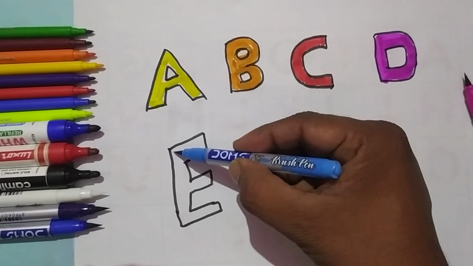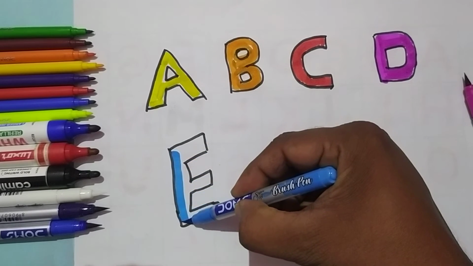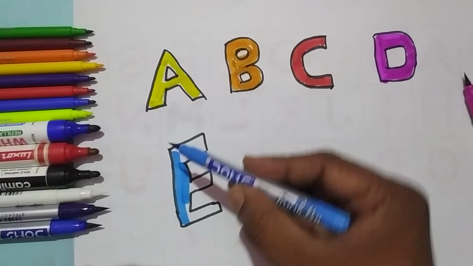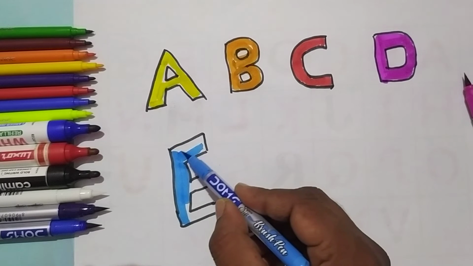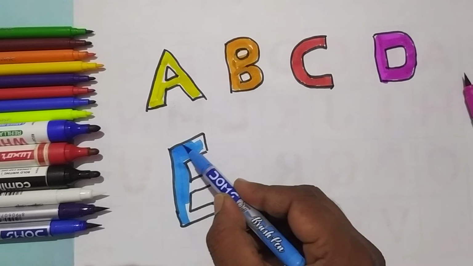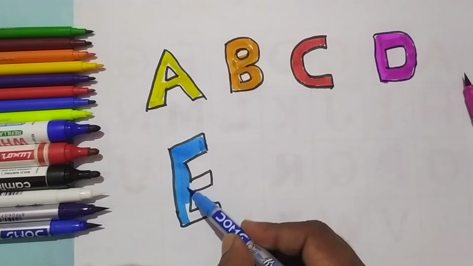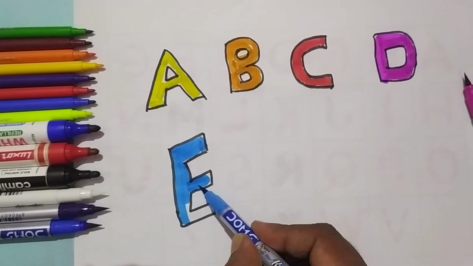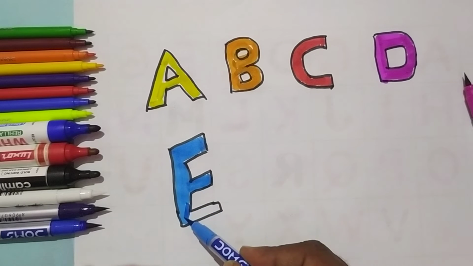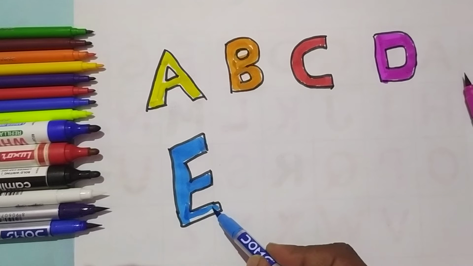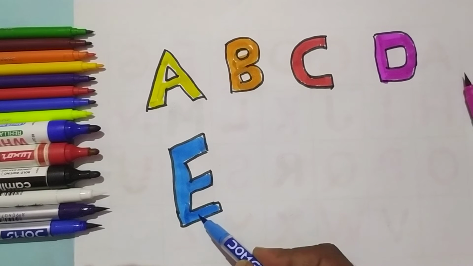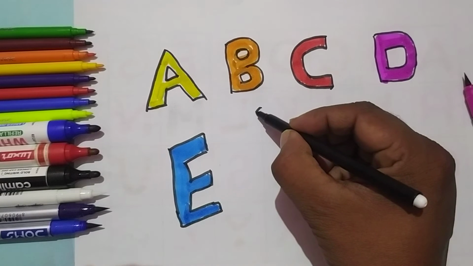Blue color. Which color? Blue color. E for elephant. E for egg. E for elephant. E for egg. Do you want smile? Wow.